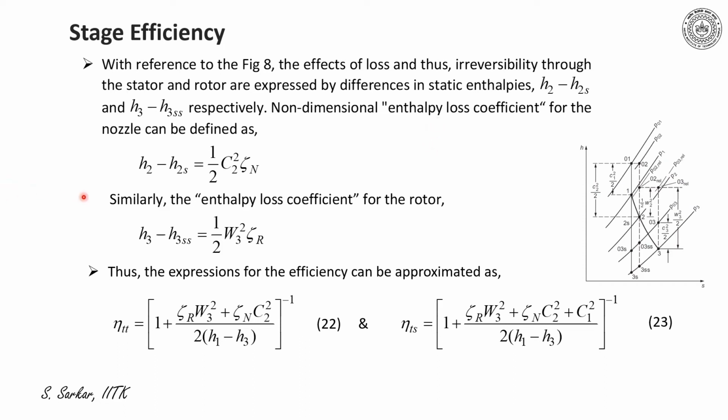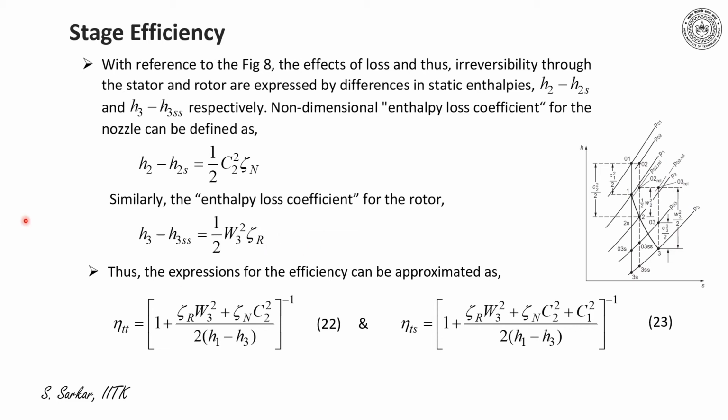Similarly, the enthalpy loss coefficient for the rotor can be given as H3 minus H3ss is equal to half W3 square into zeta R, where zeta R is the enthalpy loss coefficient for the rotor.